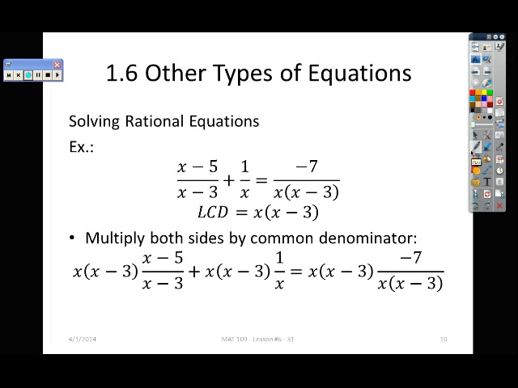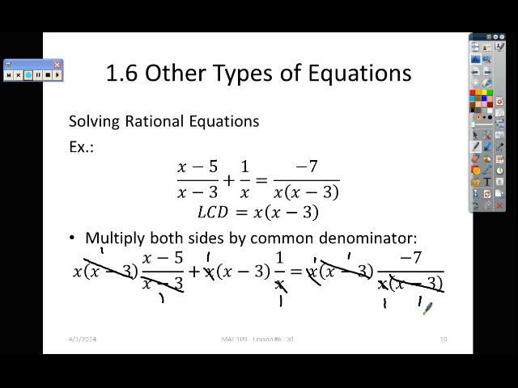In this first one, the x minus 3 is common. It divides out, leaves me a 1 in the denominator, right? And a 1 up here. Over here, the x's divide out. Over here, the x's divide out, and the x minus 3 divide out. Now my denominators are all 1.